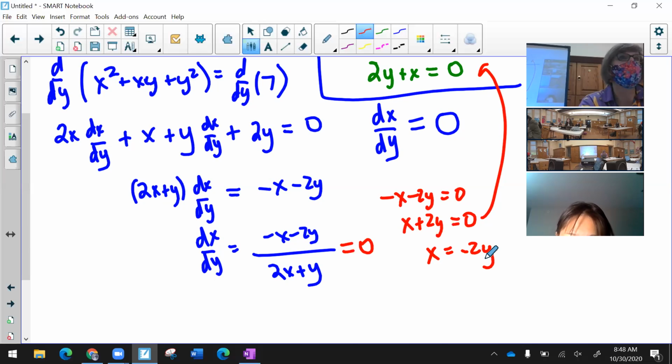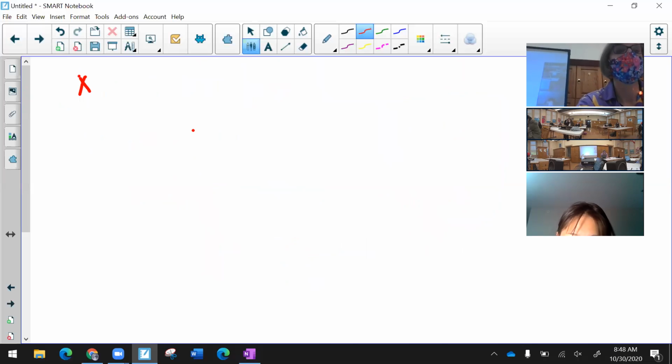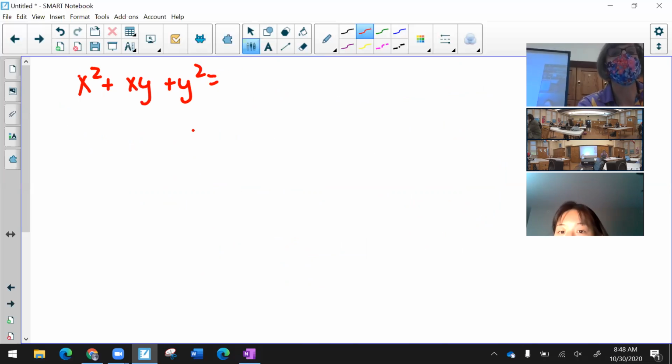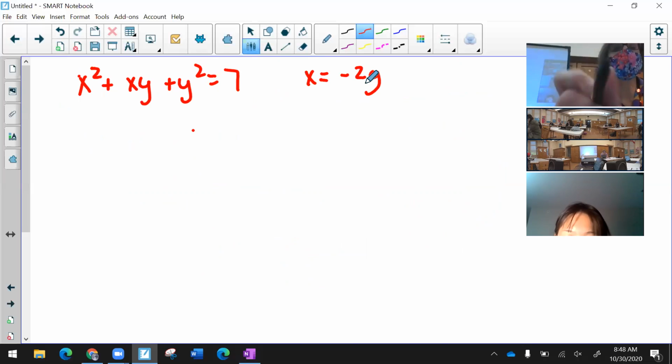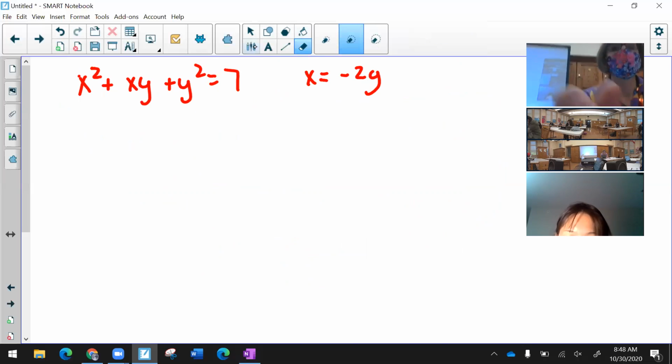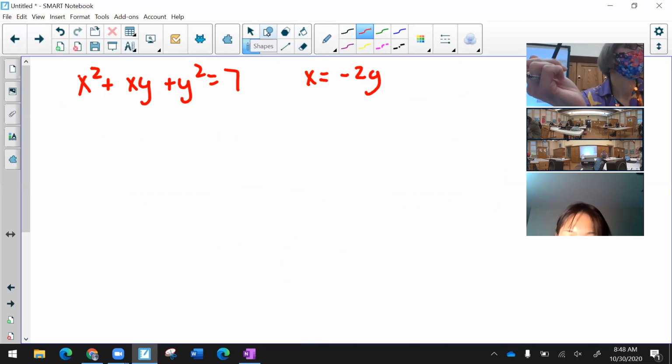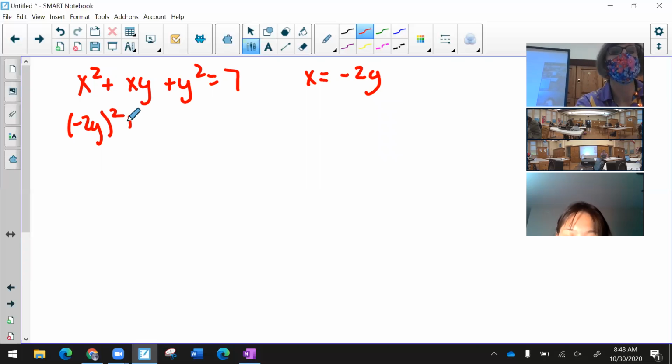We're going to substitute that back into our original equation. So I'm just going to write that down again. x squared plus xy plus y squared is equal to 7. And I'm going to let x be equal to -2y. And everywhere I have an x, I put in my -2y.